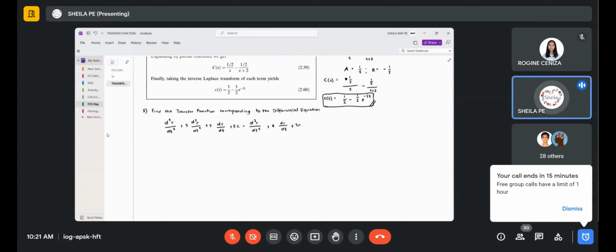Now, in getting the function G(s), we need to have C(s) over R(s). In order for us to have C(s) over R(s), we need to take the Laplace transform of our given differential equation.